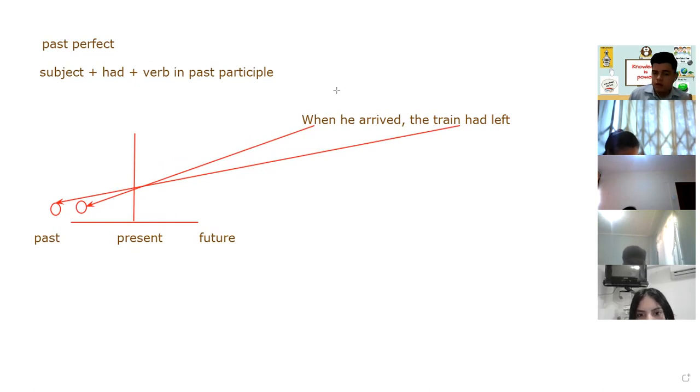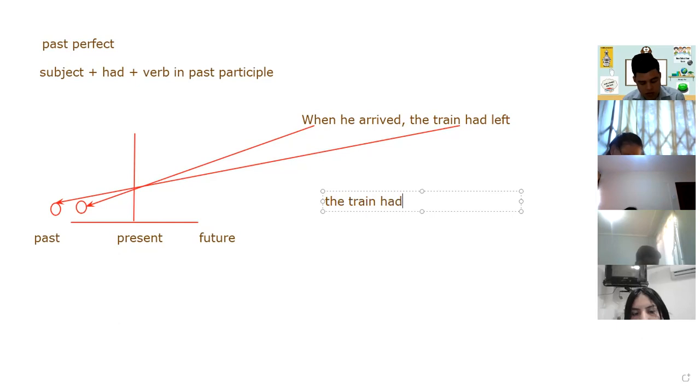Okay, but remember, we have to use past simple and past perfect. With past perfect, we connect with other situations in the past using time words. For example, we can write or say the train had left when he arrived.